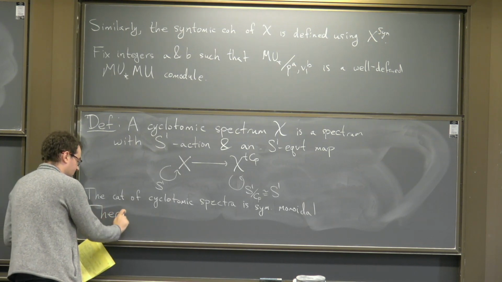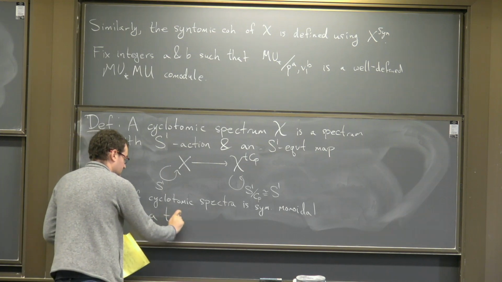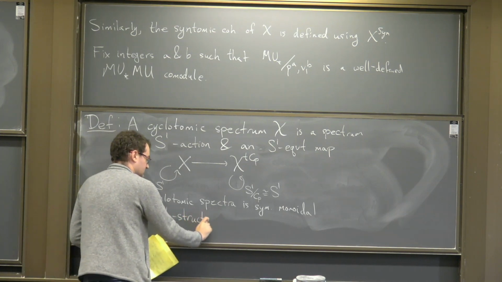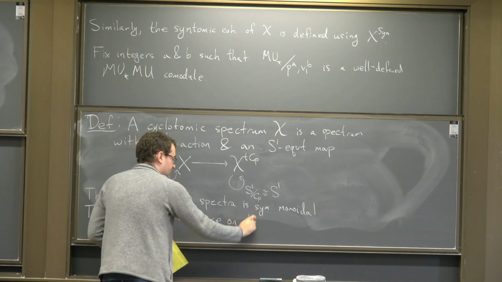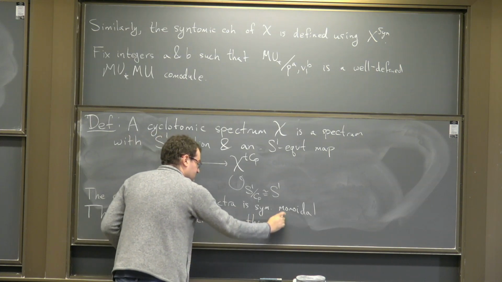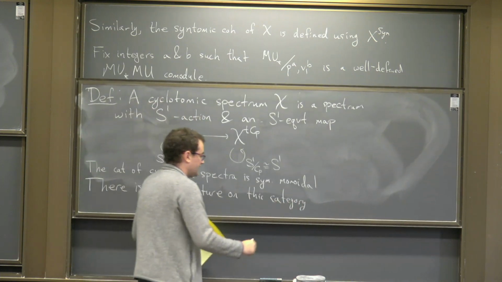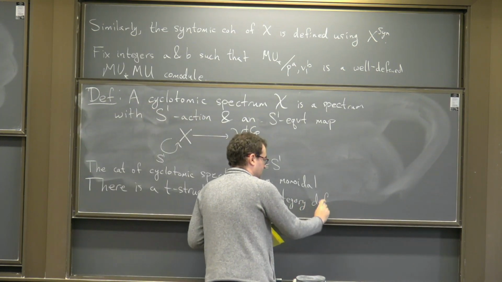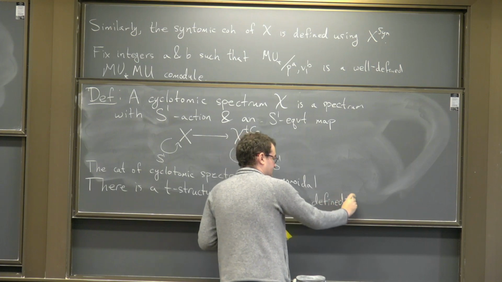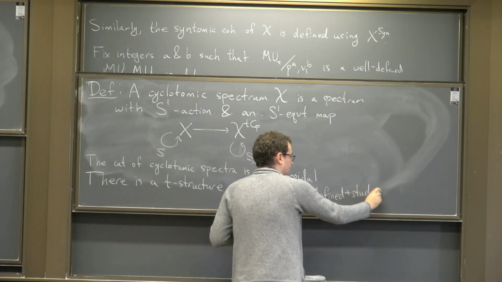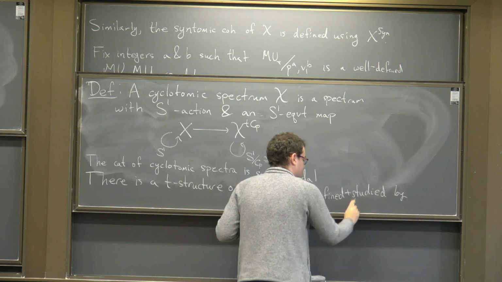So there is a t-structure on this category. And that t-structure was defined and studied by Antieau and Nikolaus.